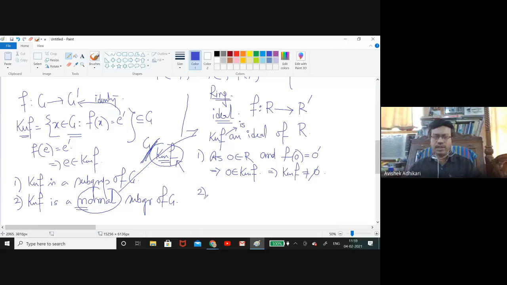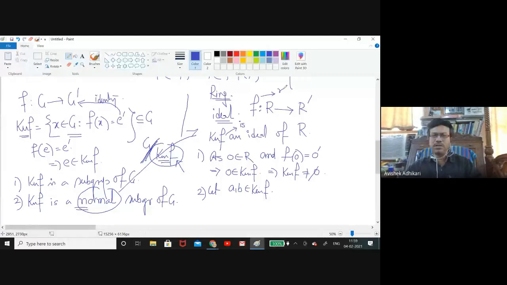So what do we need to check? Take two elements, say a and b belonging to ker F. Keep in mind that this is a ring homomorphism.